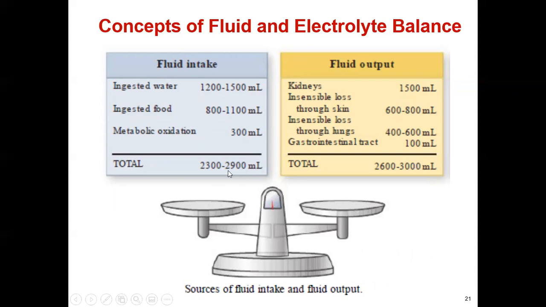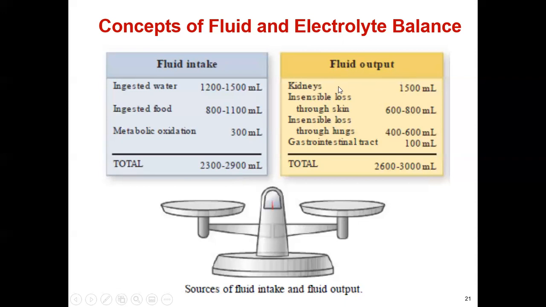Of the 3 liters, we ingest water about 1,500 ml, with food around 1100 ml, and through metabolism or oxidation 300 ml.